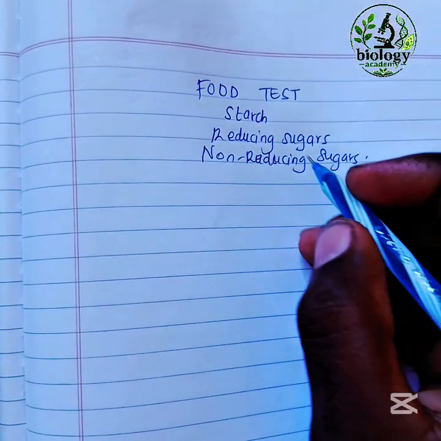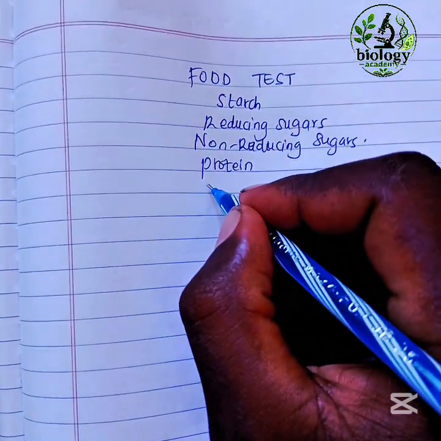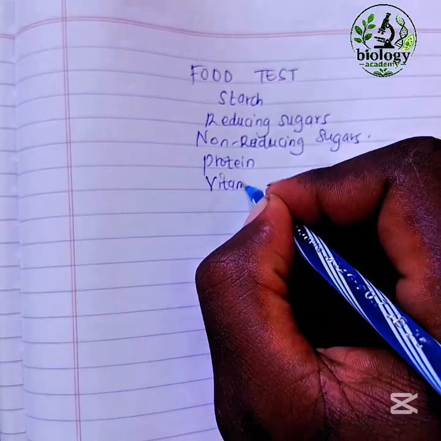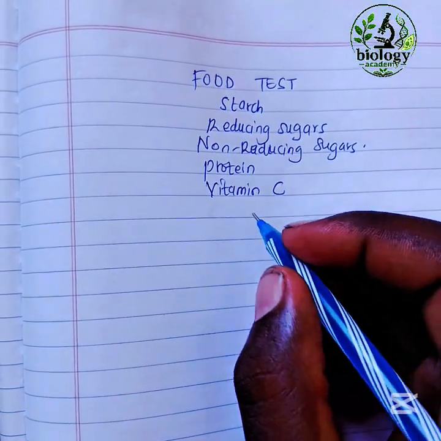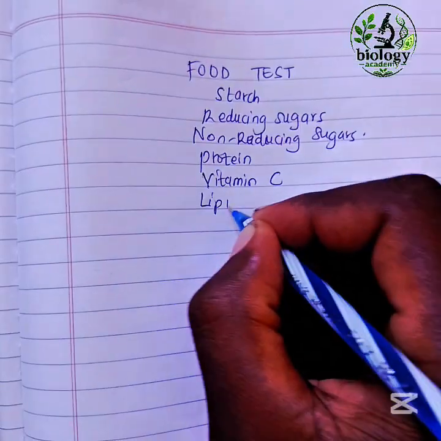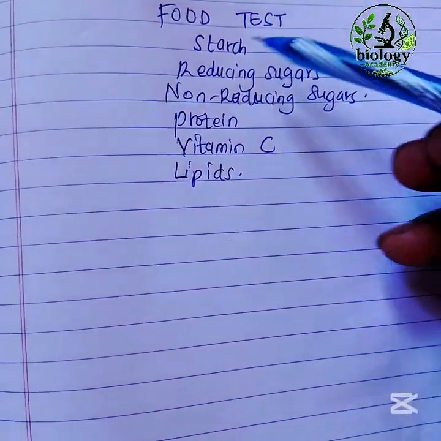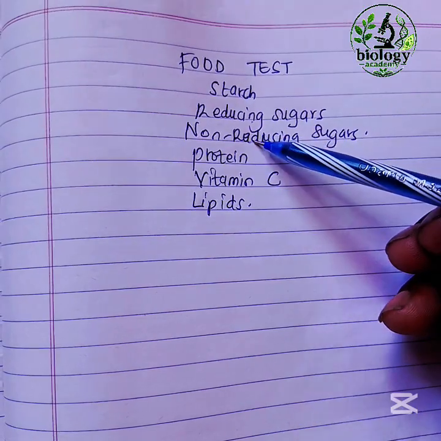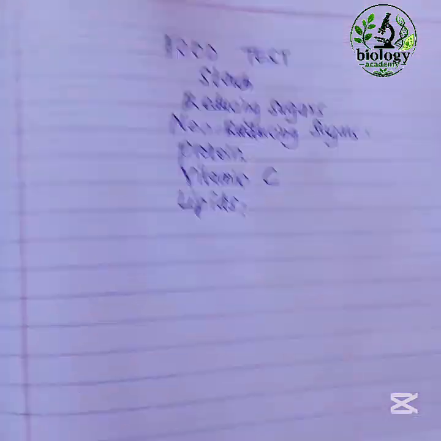Number three, we have the test for protein. We also have the test for vitamin C. We also have the test for lipids. So the types of food tests we have are 6: starch, reducing sugars, non-reducing sugars, proteins, vitamin C, and lipids.